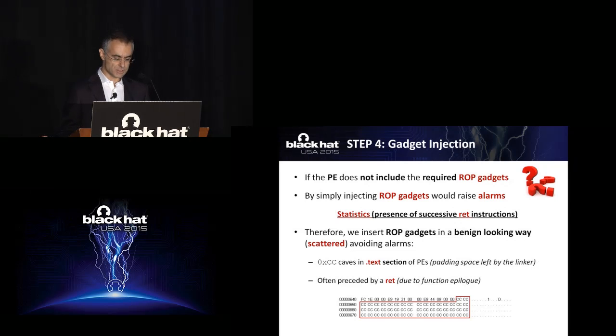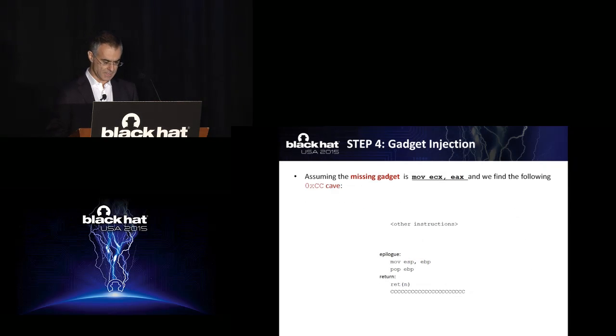And to do this, we use the caves in the TXT section of the portable execution, which are padding spaces left by the linker. Let's see an example. Assuming that this is the missing gadget, and we have found the cave that is presented in the slide.